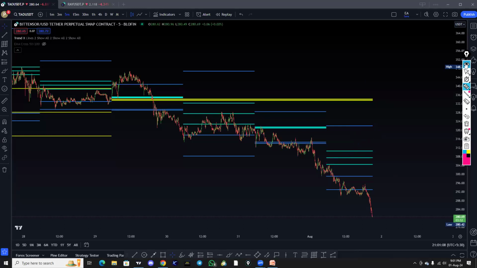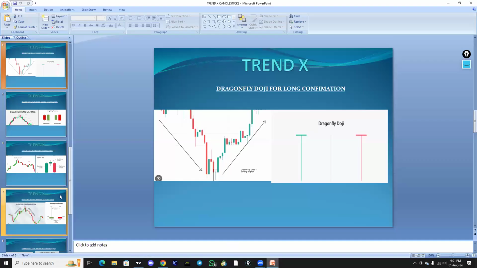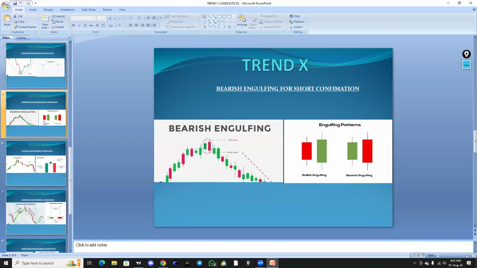Okay. So now a quick look at those four candles. If you understand the first four candles for bullish, this is just the opposite of that. When I was doing these candles, I didn't want to make confusion with different names for bullish and different for bearish.